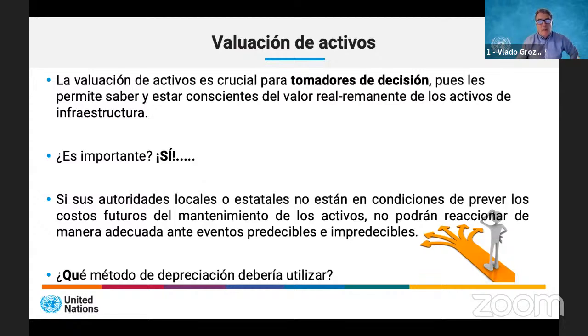There are two basic methods of asset valuation, a replacement method and historic cost. We saw the historic cost, and now we're going to see the replacement cost method, which asset management uses for calculating the value of our assets.